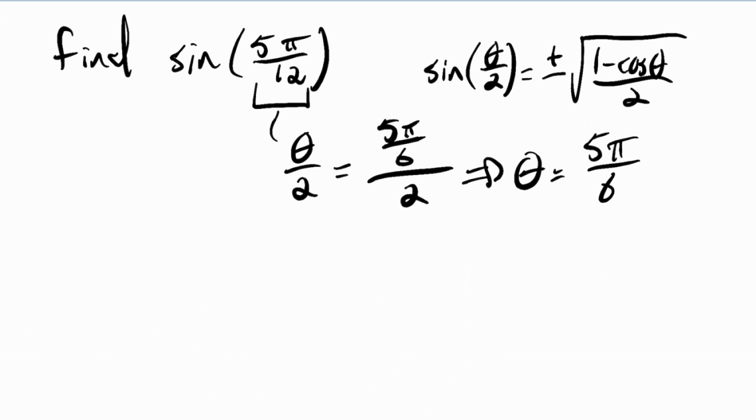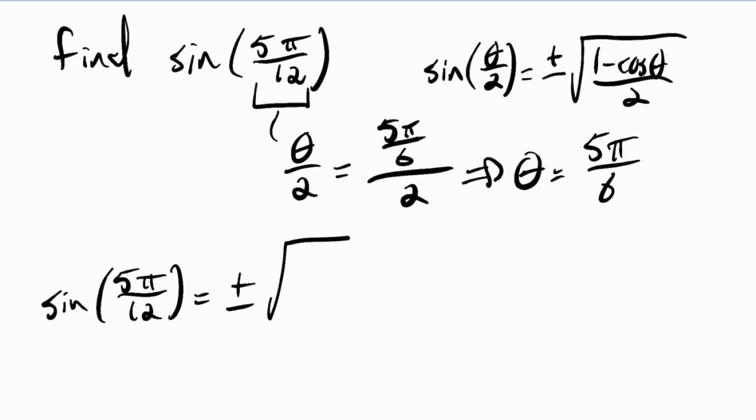So that means that sine of 5 pi over 12 is equal to plus or minus, which we'll address in just a moment, the square root of 1 minus cosine of 5 pi over 6, all over 2, inside the root.